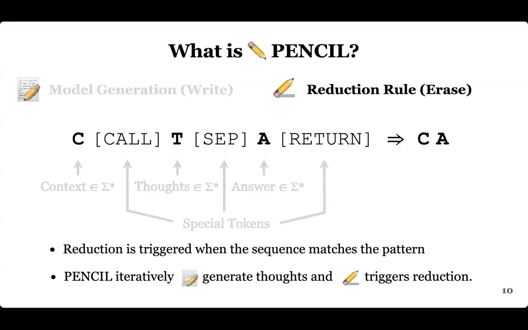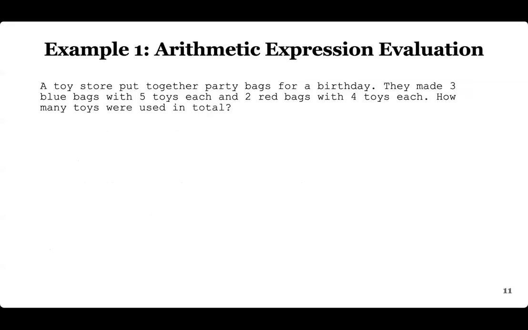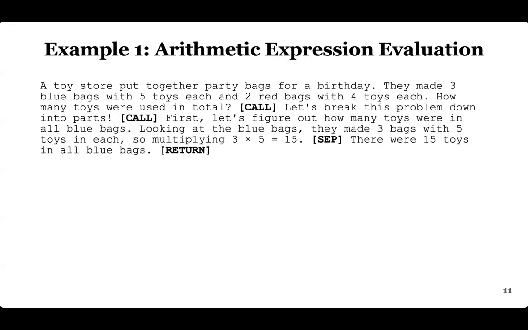So here is a simple example of how Pencil might address a simple arithmetic question. The question is: a toy store put together party bags for a birthday. They made three blue bags with five toys each and two red bags with four toys each. How many toys were used in total? So how does Pencil address this?